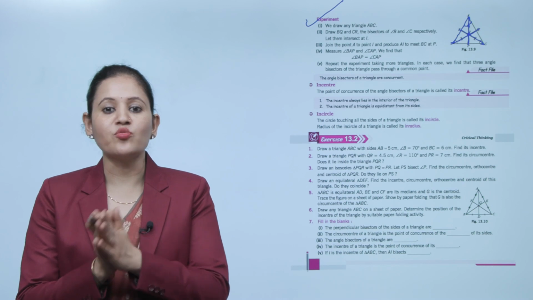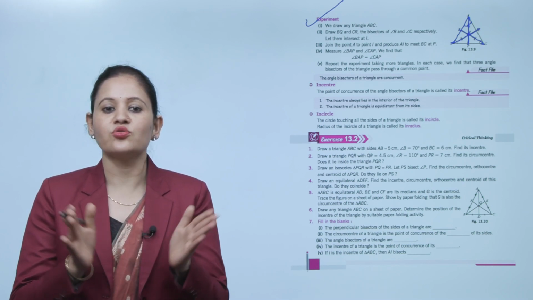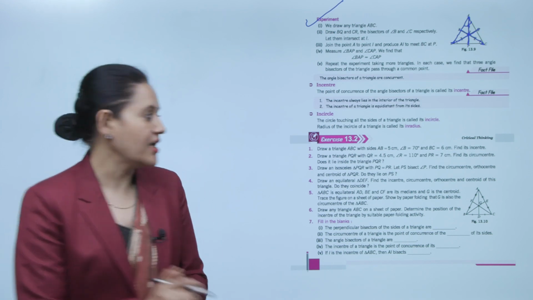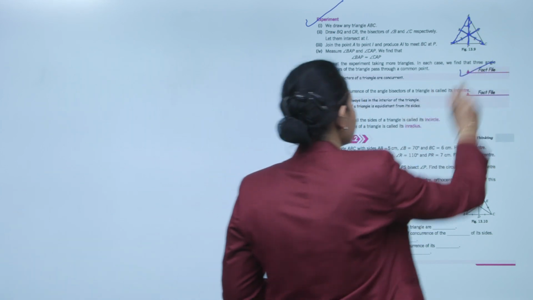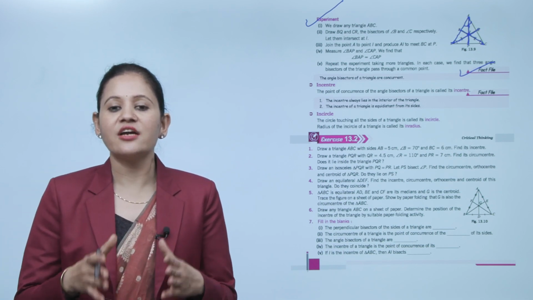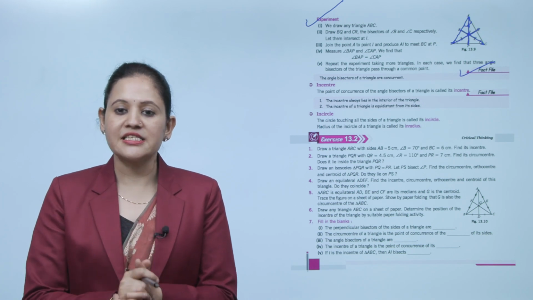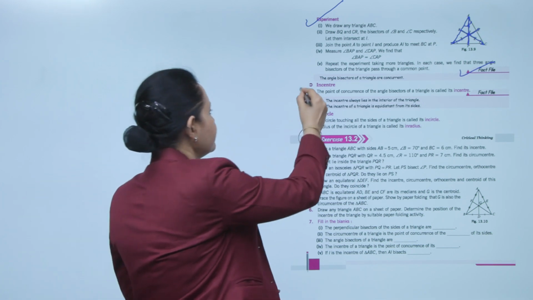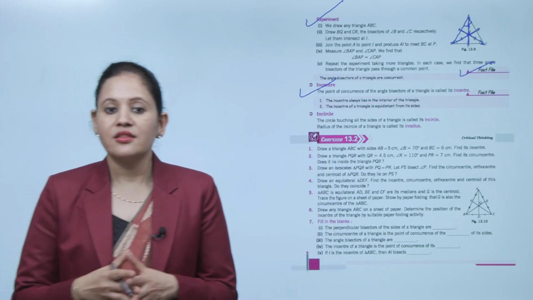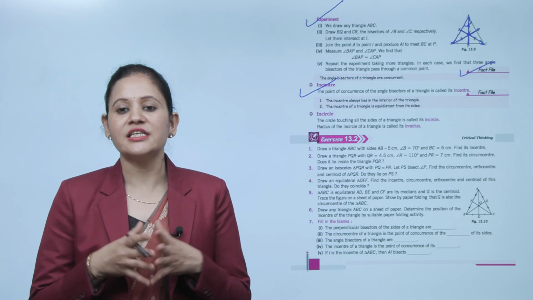Repeat the experiment taking more triangles. In each case, we find that the three angle bisectors of the triangle pass through a common point. Next is fact file. The angle bisectors of a triangle are concurrent, means they will intersect at one point. Next is in-center. The point of concurrence of the angle bisectors of the triangle is called the in-center.